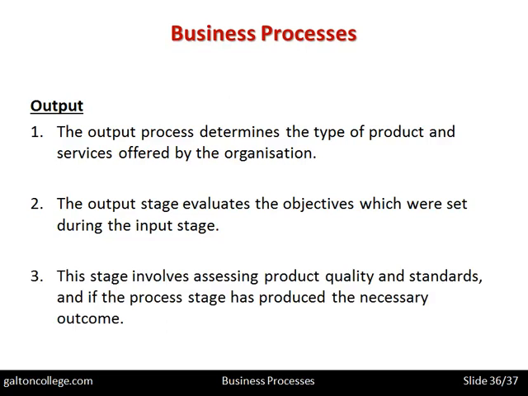This stage involves assessing product quality and standards, as I said, and if the process stage has produced the necessary outcome. So it's important at this stage to understand clearly what the promises that the organization made were, and whether the output conforms to what the organization promised.